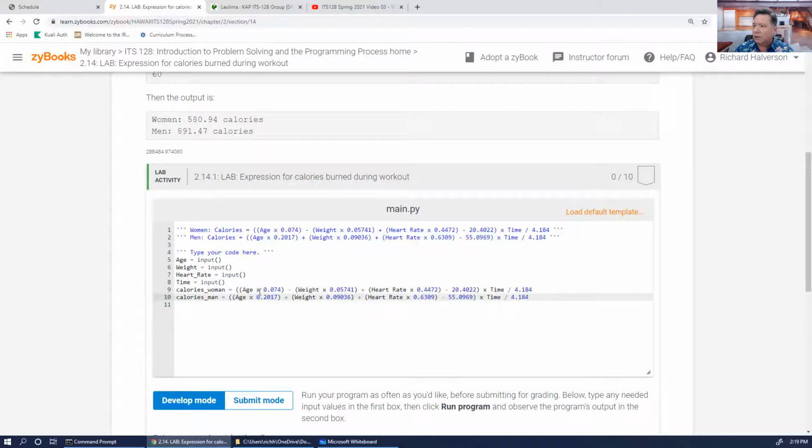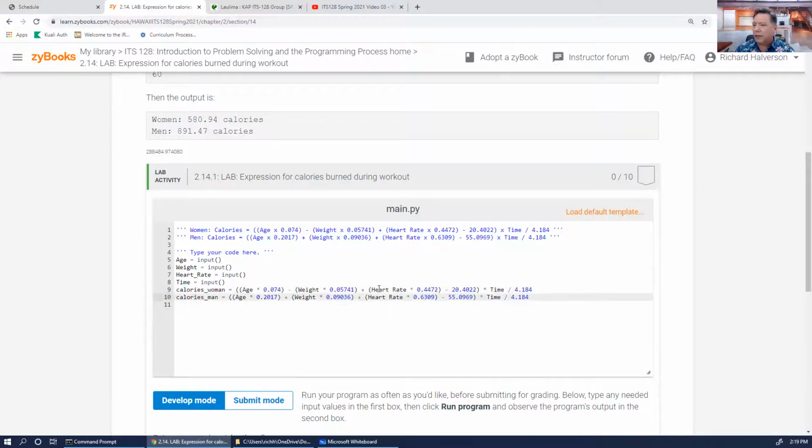I want to change this to times, asterisk, asterisk, asterisk, asterisk, asterisk.